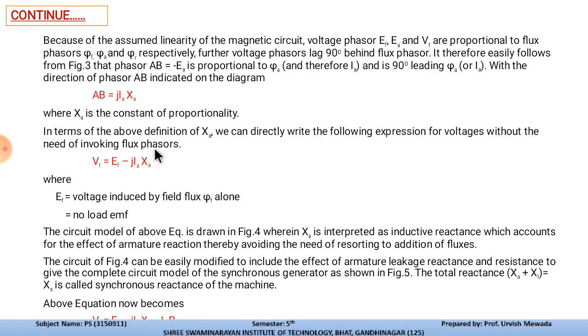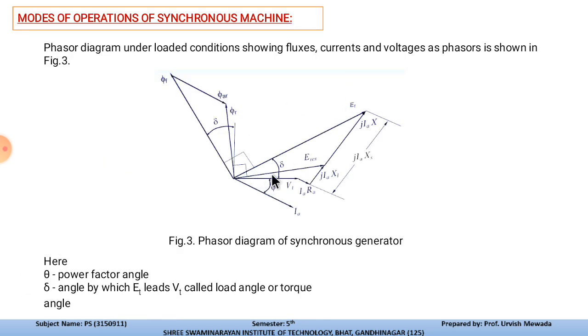Here XA is the constant, or the proportionality factor, of the reactance, and in terms of the above definition of XA, we can directly write the equation EF is equal to VT plus jIXA. Here we are neglecting the resistance of the synchronous machine, because it is very small compared to the reactance of the synchronous machine.